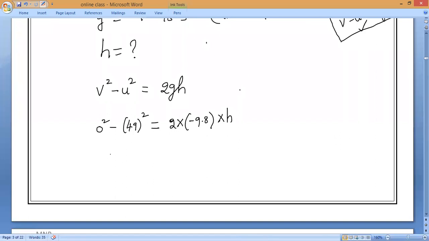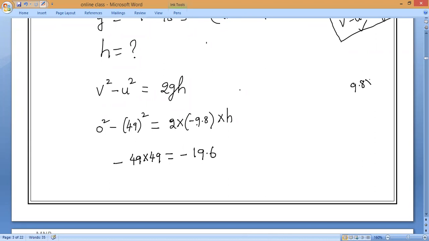Next, 0 square, 0 only, minus 49 square. So can I write 49 square as 49 into 49? Any doubt? Anybody? Yes. Next, minus into 2. Anyhow, minus into plus, minus only. 9.8 into 2, which is equals to 19.6.